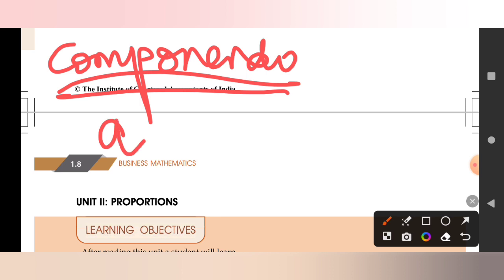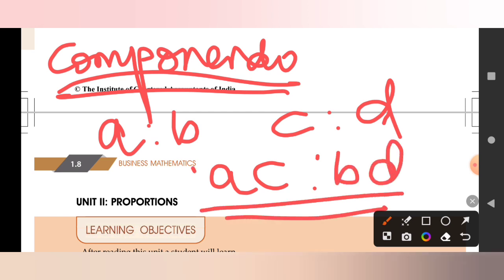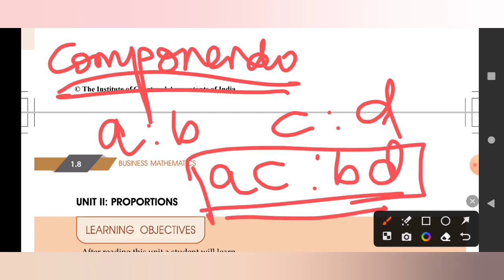There were two ratios, A is to B and C is to D. You have written compounded ratio as A into C is to B into D, correct? What is the difference between componendo and compounded ratio? Both are very different. They have no relation with each other.